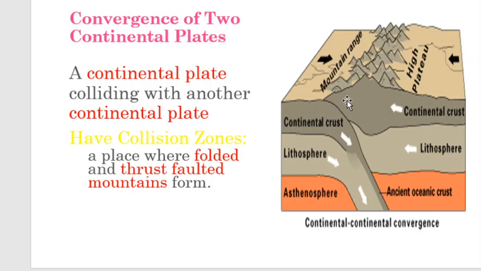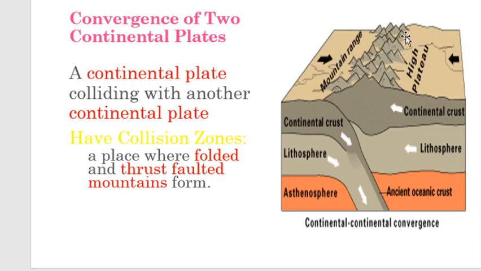The collision zone is just a place where folded and thrust-folded mountains form. Since there would be no subduction, there would just be collision zone. So what you can see here are folded and thrust-folded mountains on top. Okay, so there would be no volcanoes, no trench, no volcanic island or island arc.